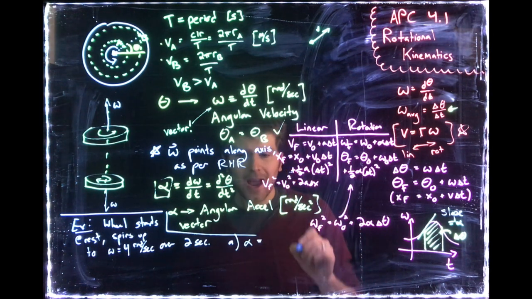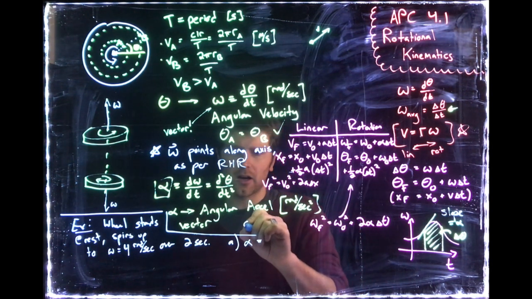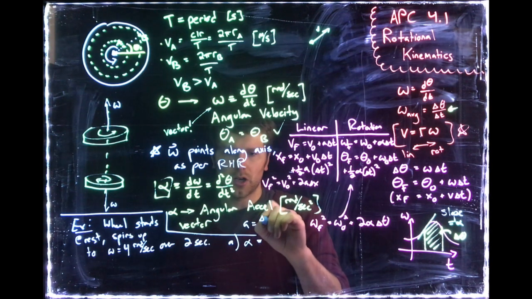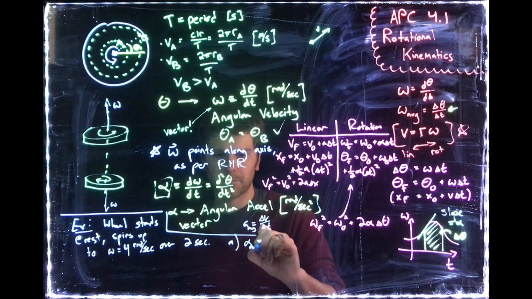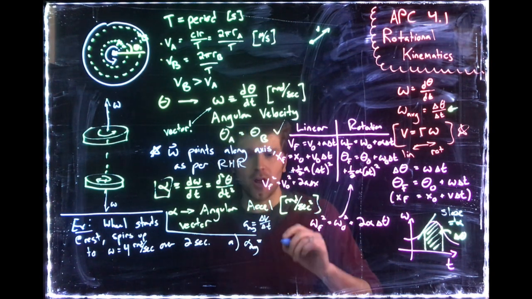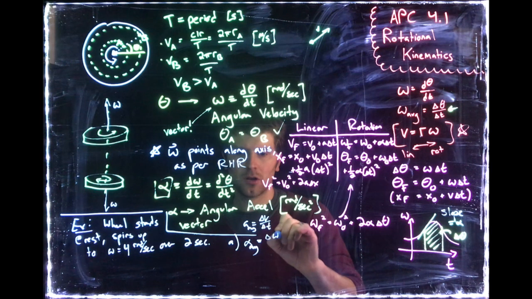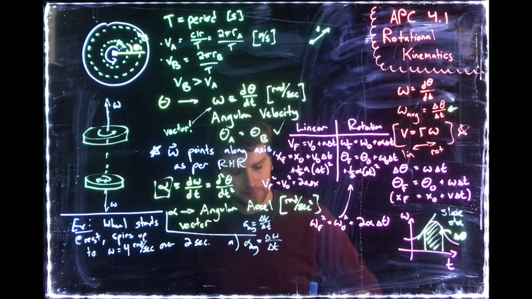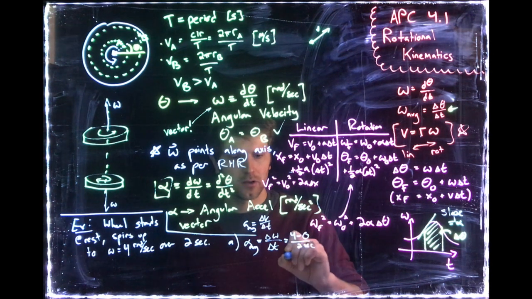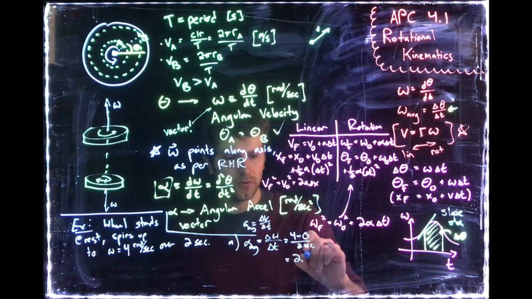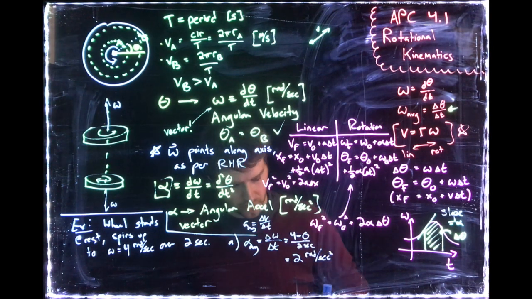How would we find normal acceleration? Normally, our average acceleration would be change in velocity over change in time. So if we want to find our average alpha, it should be change in omega over change in time. In this case, it started at 0, went to 4 over 2 seconds. So that'll be 4 over 2, or 2 radians per second squared.